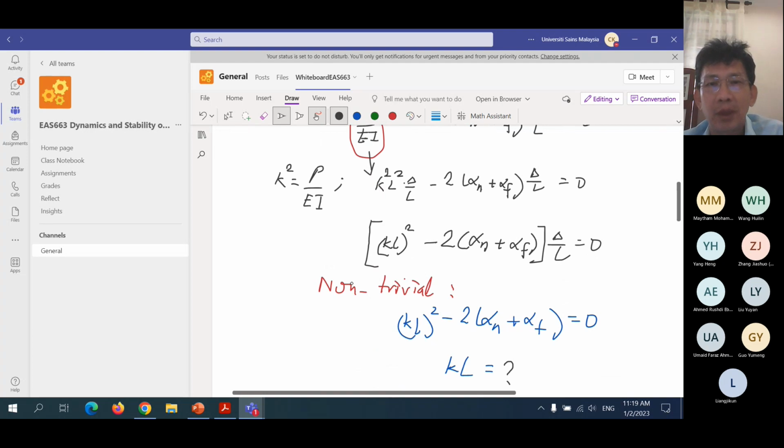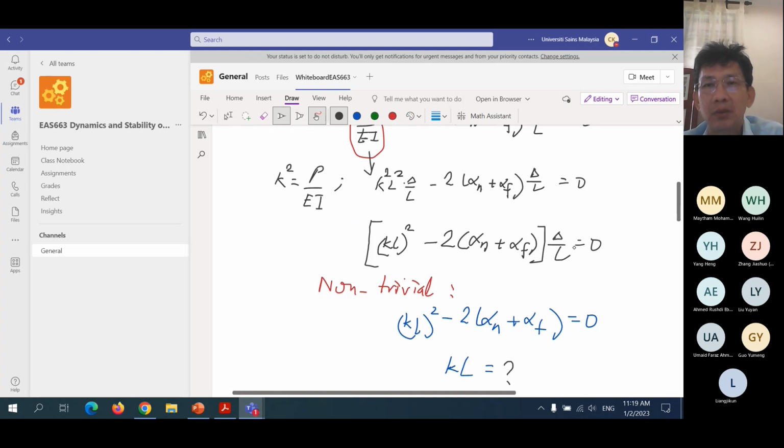So here we apply the conditions to obtain non-trivial solutions. Non-trivial solution means we want to find the conditions here that will make delta over L not equal to 0 possible. Because one of the solutions here, which is the trivial solution, is delta over L equal to 0.